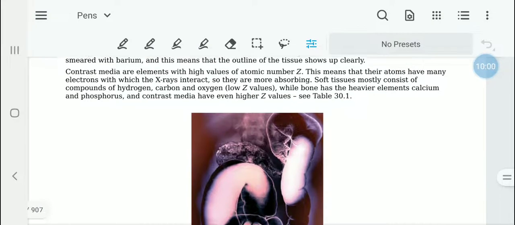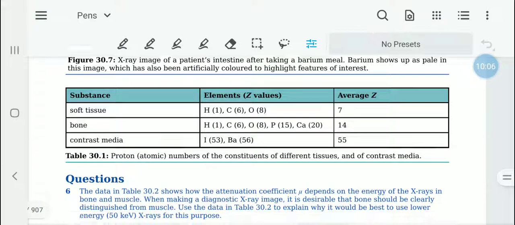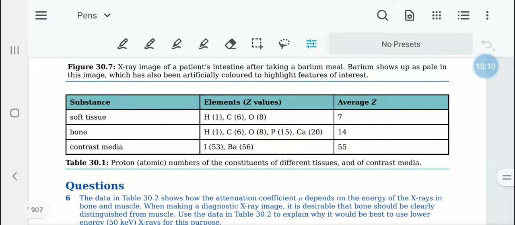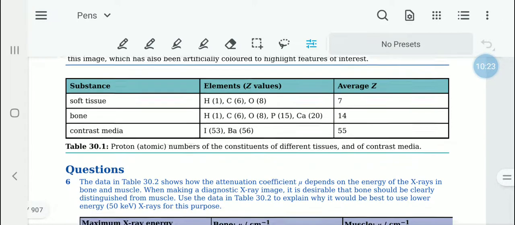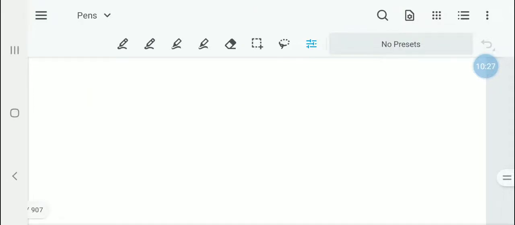Heavier elements, calcium and phosphorus, have higher Z values. As a result, bones absorb better. So as you can see, for soft tissues the average Z is 7, so it does not absorb well. Bones have an average of 14, so they absorb better. Contrast media have an average Z of 55, so they absorb even better.